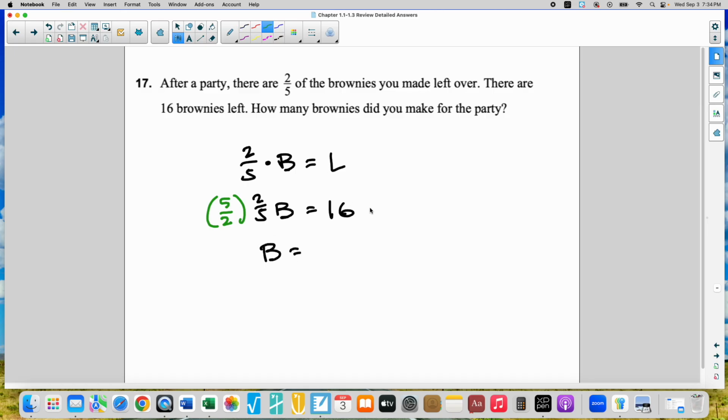And what we did to one side, we have to do to the other. I'm not going to multiply 16 times 5 because I can simplify. What goes into 2 and 16? 2 goes into both of those. 2 goes into 2 once. 2 goes into 16 8 times. And now we have 8 times 5, which is 40. So there were 40 brownies to start with.